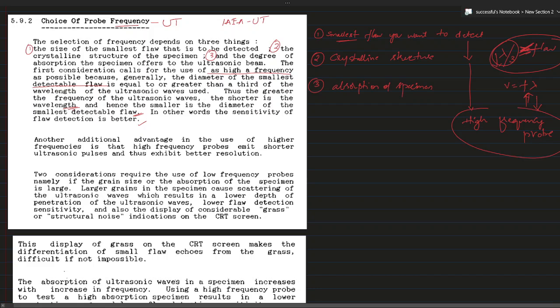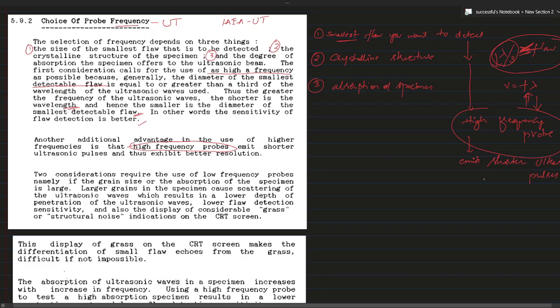We will see the second consideration. Another additional advantage in the use of higher frequencies is that a high frequency probe, and this is a very important point, emits shorter ultrasonic pulses.